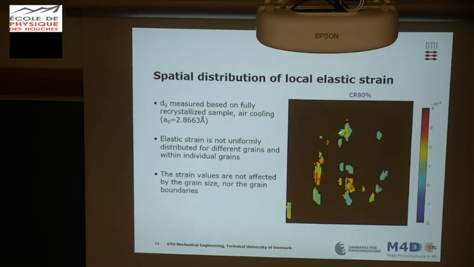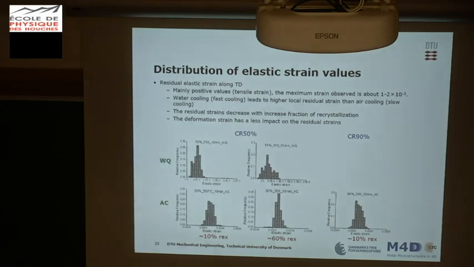And here, we can see that the strain is not uniform everywhere, neither within the recrystallized grain nor between the recrystallized grains, and the strain can be higher in the middle or higher at the grain boundaries. So there's no clear correlation for why the strain is distributed in such a way. And if we look statistically, we see that the water quenched samples have a relatively higher residual strain, on the order of 10 to the -3 for both samples.